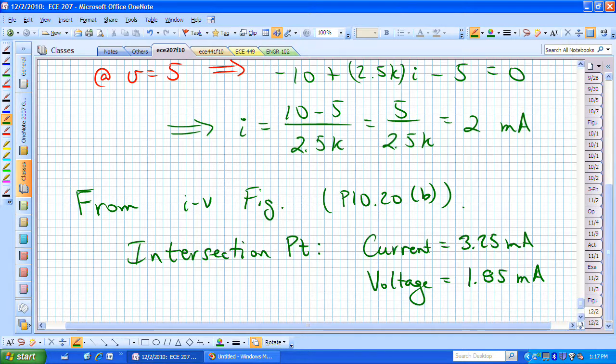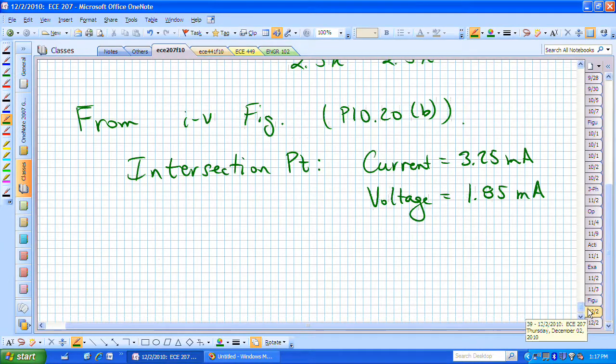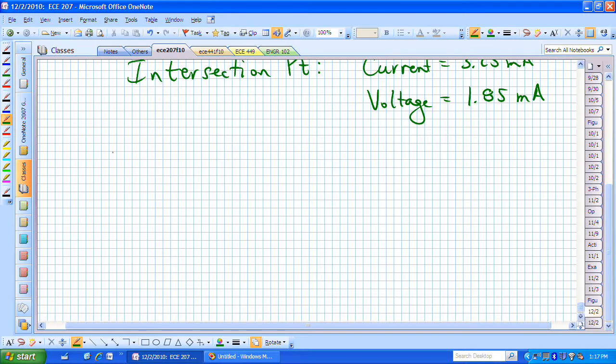And we were able to find that by first doing a Thevenin equivalent and then doing the load line analysis. Let's now look at a wave shaping circuit.